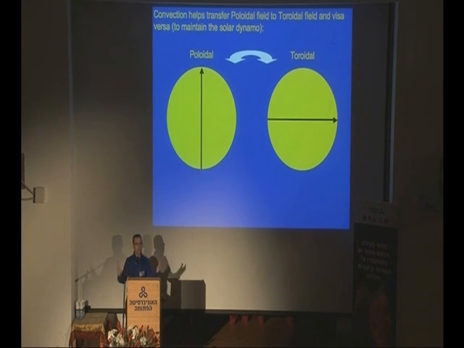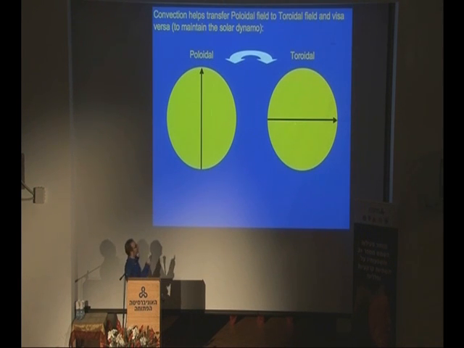Now, what is a solar dynamo? What is a dynamo in general? If we put a magnetic field in a vacuum, it will decay after a while. So the question we would like to ask is how the magnetic field maintains itself. And we can look at that in terms of a poloidal field, which is a magnetic field that is essentially vertical, a combination of the r and theta components, and an azimuthal, or what we call toroidal, field, which is 90 degrees perpendicular to that.